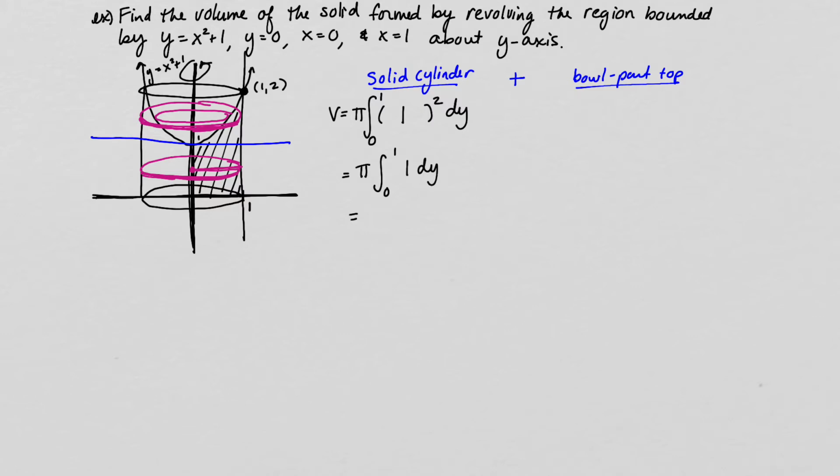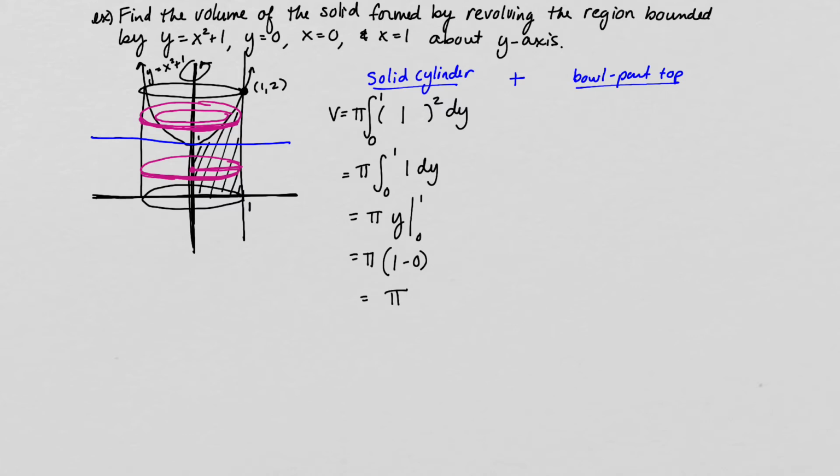And what's the integral of 1? Yeah, y. So this is going to be pi times y evaluated from 0 to 1. So we're talking about pi times 1 minus 0. So this first part just gives me pi. That wasn't too bad.